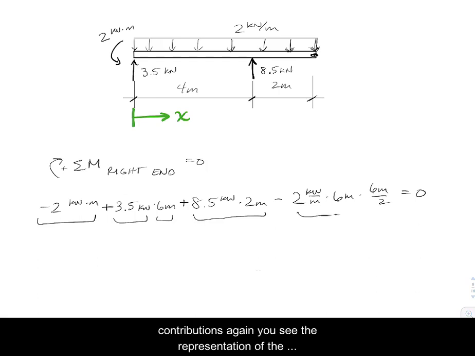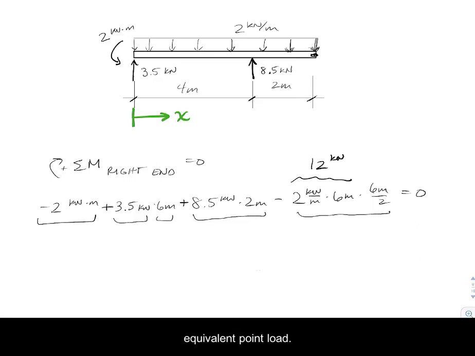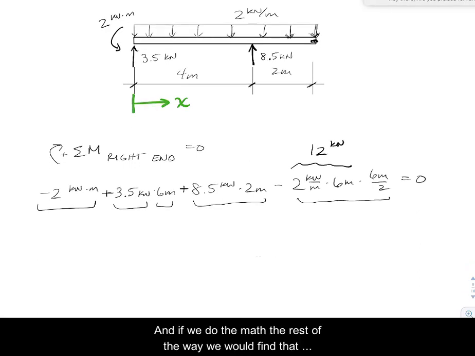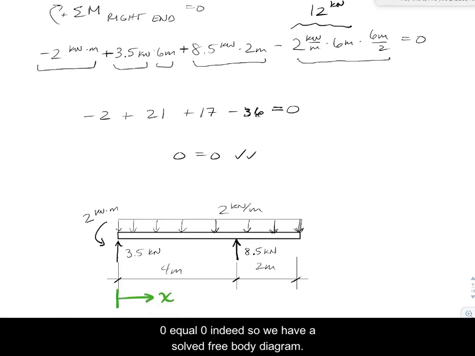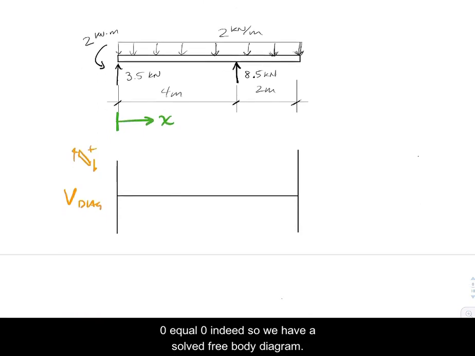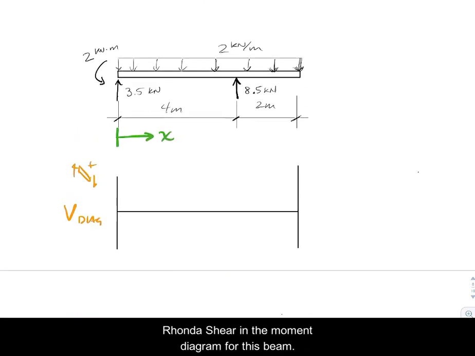And you see the rest of the contributions. Again, you see the representation of the distributed load as a 12 kilonewton statically equivalent point load. And if we do the math the rest of the way, we would find that 0 equals 0 indeed. So we have a solved free body diagram.